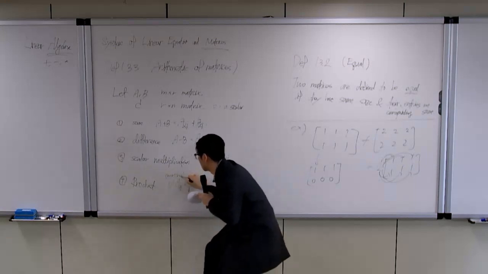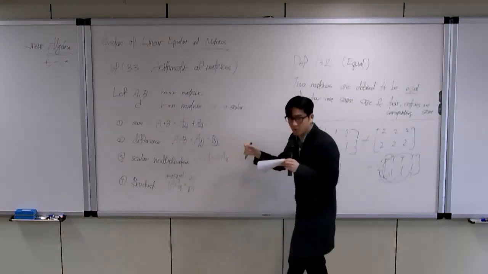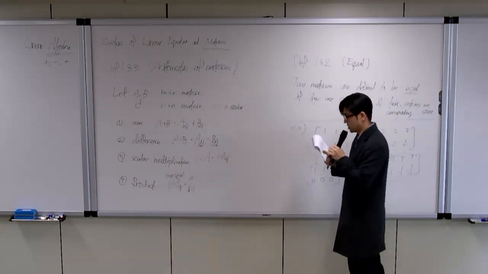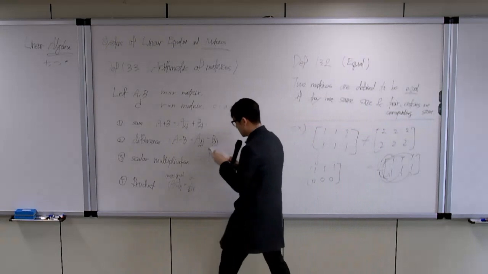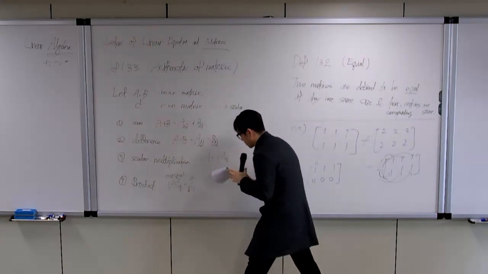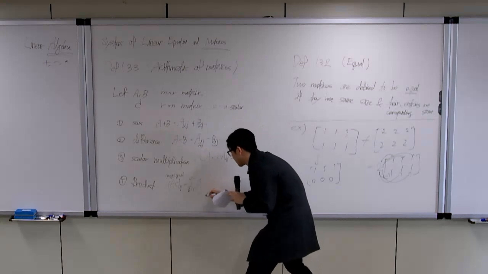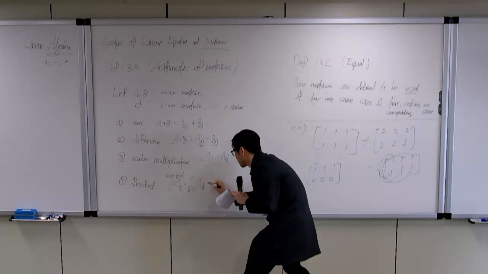We will correspond each row and column, and this process is called the row-column rule, and the multiplication is the same as real multiplication for each vector.